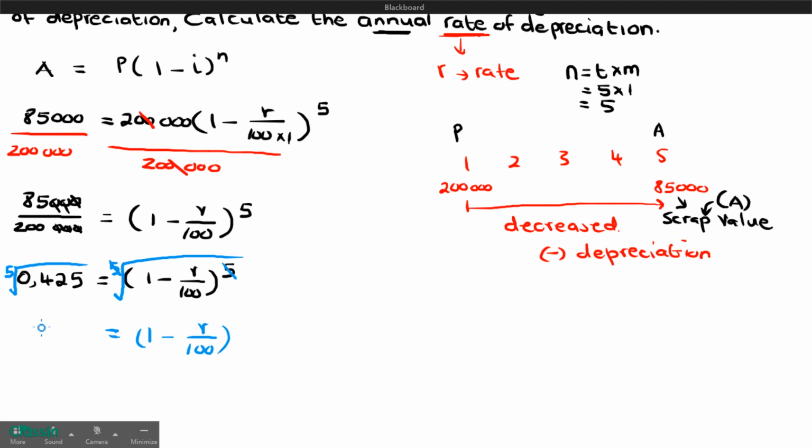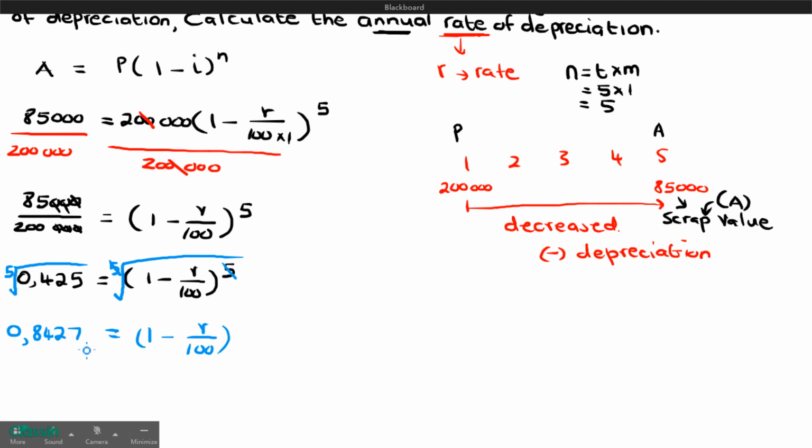We remain without the exponent. But now when you press this on a calculator, the fifth root of what we have there, which is 0,425, gives 0,8457.